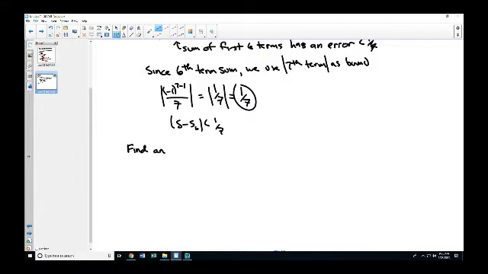find an n such that S of n has an error less than 10 to the negative third.